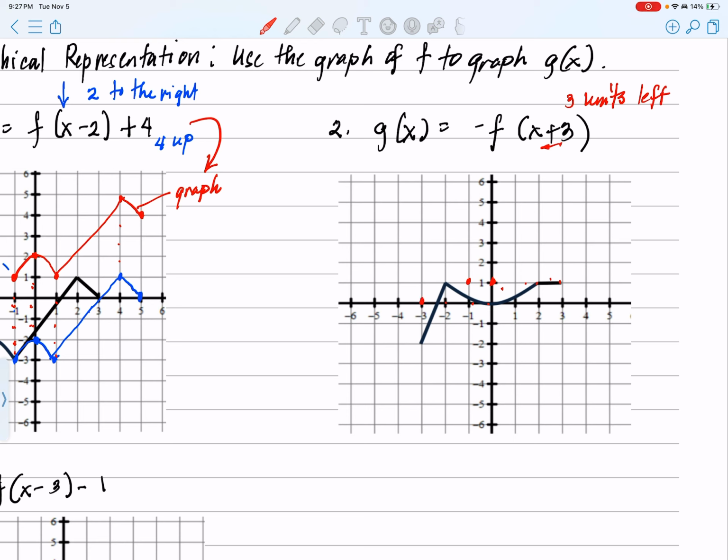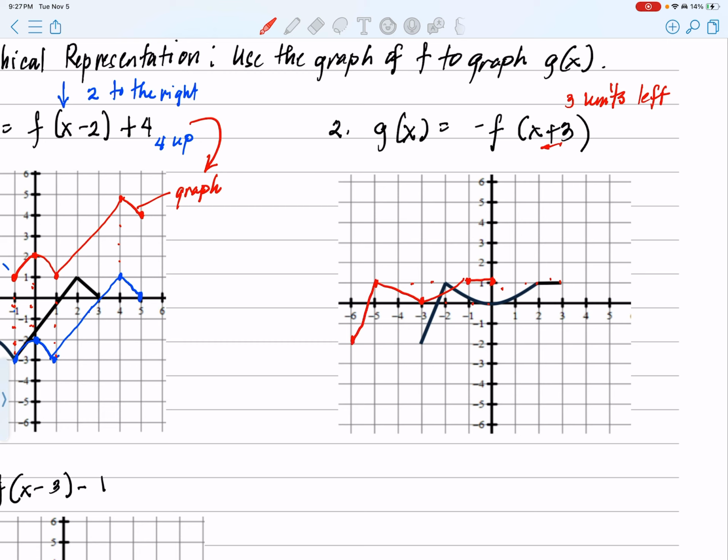This point is 1, 2, 3. This point will be 1, 2, 3 right here. So I'll make the connection there. Then I'll have it curve here and there.